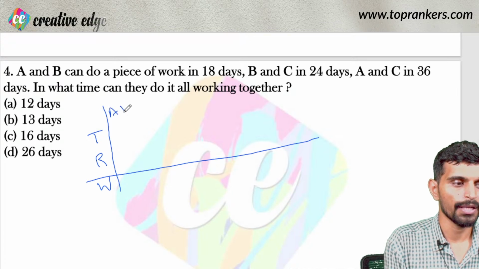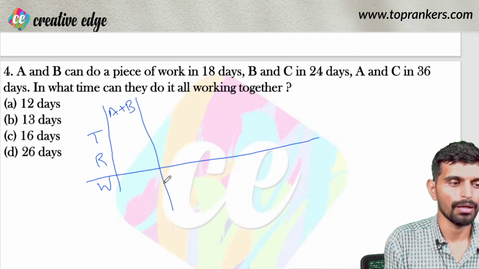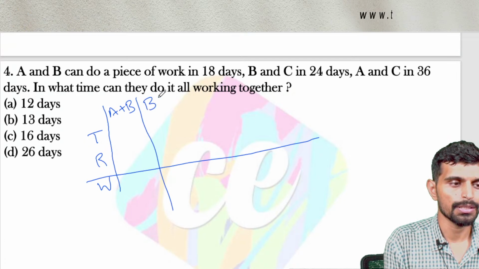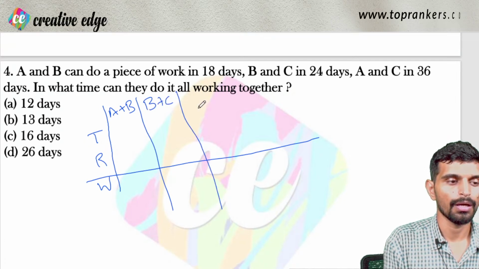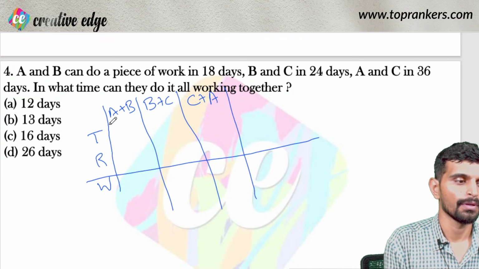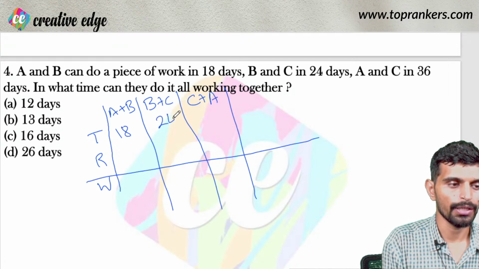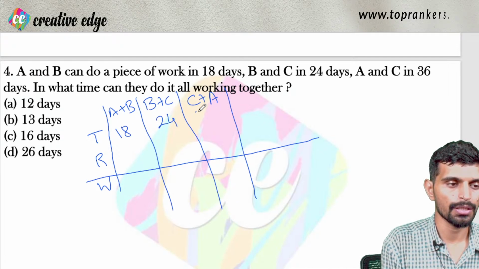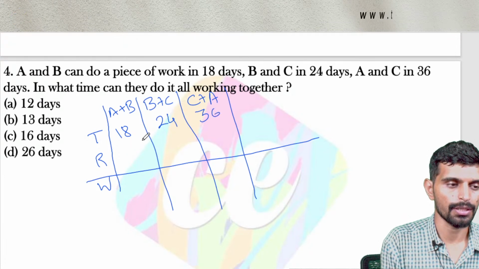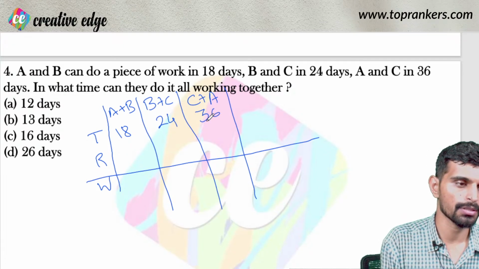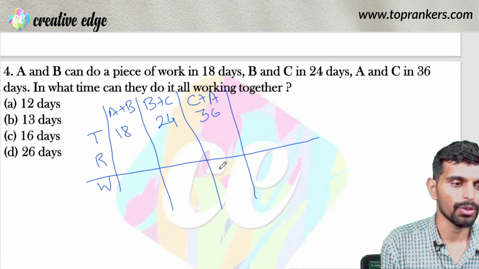So A plus B, B plus C and C plus A. Time taken by A and B together is 18, B and C together is 24 and A and C together is 36. So let's take the LCM of these three numbers. That will be 72.